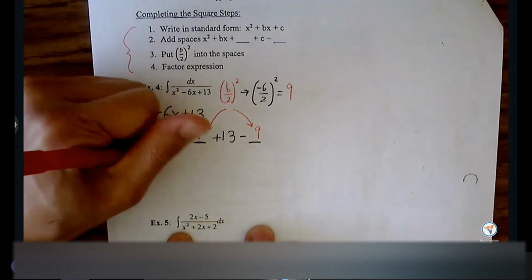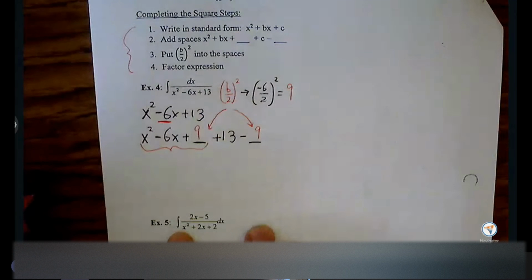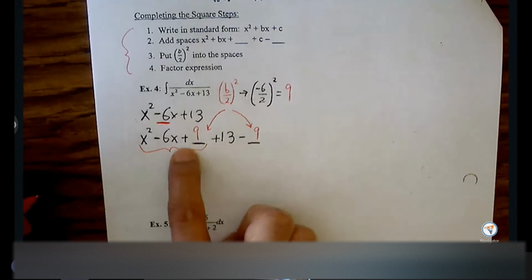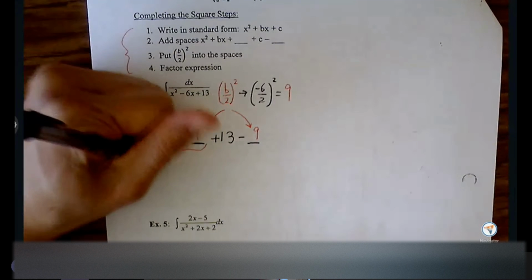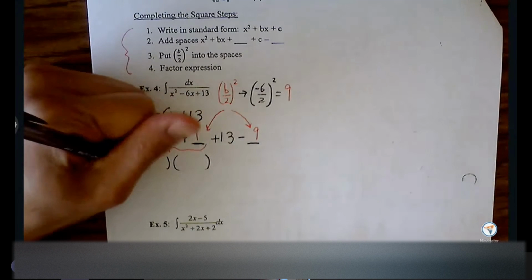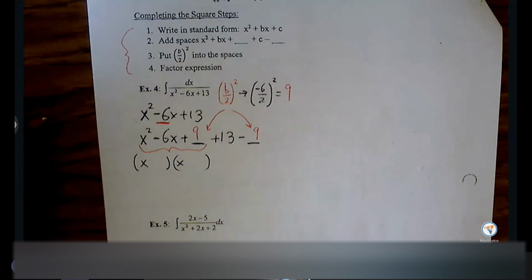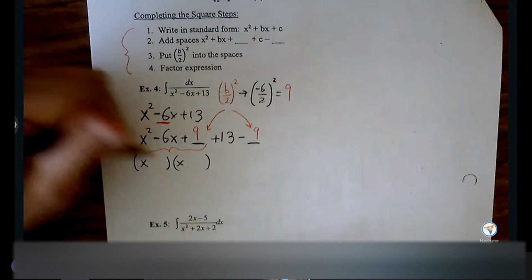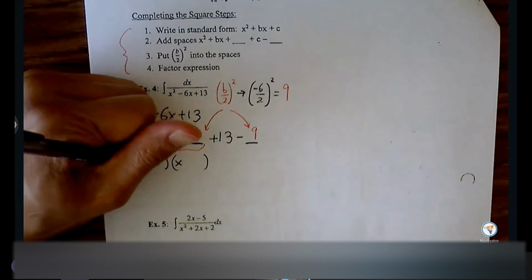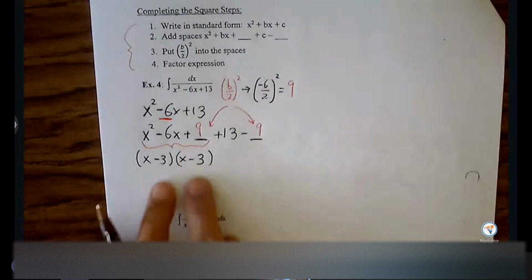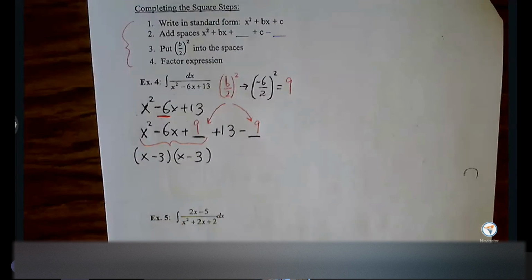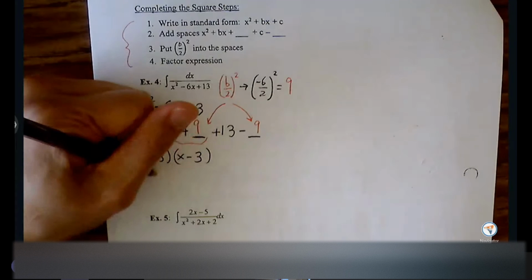Now let's focus in on these 3 terms here. Multiplies to be 9, adds to be -6. What does that factor to be? Yeah. They're both going to be -3s, right? And that's important because now we can get that to be a binomial squared, and that's what we want.